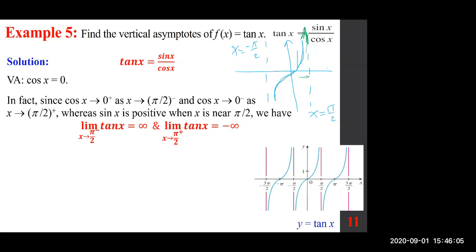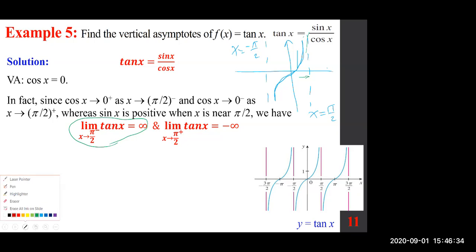So for example, we can see from the graph and the green part that I put up, the limit of tan x as x approaches pi over 2 will depend on whether it is from the left side or the right side. If it's from the left side, it's positive infinity. But if it's from pi over 2 from the right, let me pick up a different color.